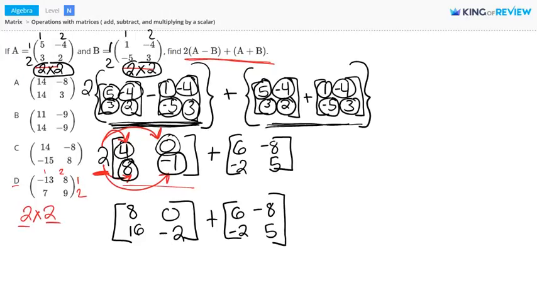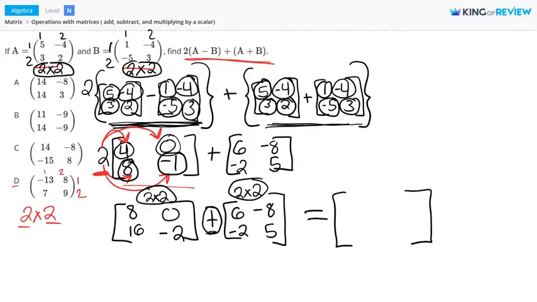And now we need to add these matrices. Can we? Are they the same dimensions? Yes, they are. Both of these are a 2 by 2 matrix. Because these dimensions are the same, we can add them. So we're adding the corresponding entries. 8 plus 6 is 14.